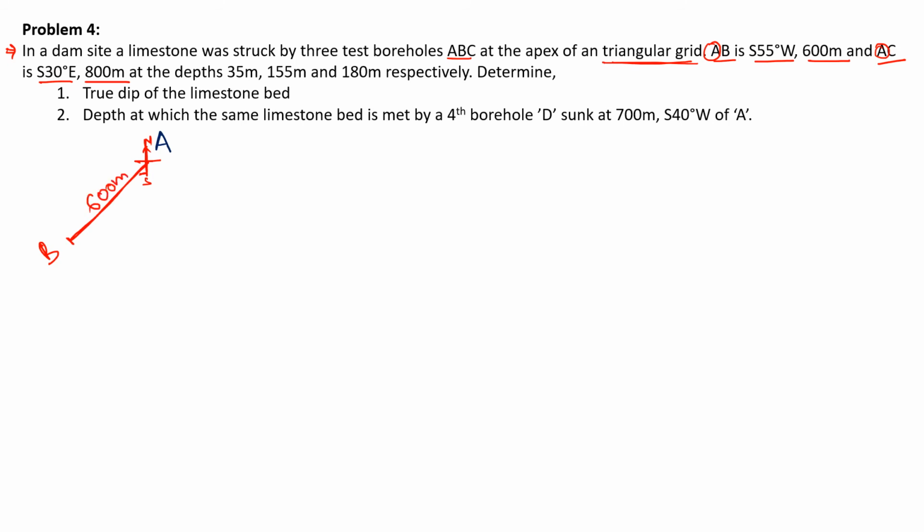Then we have south 30 east from A to C. 30 means it will come like this. I'll name this point as my point C, and the distance here is 800 meters. Then I'll join this.